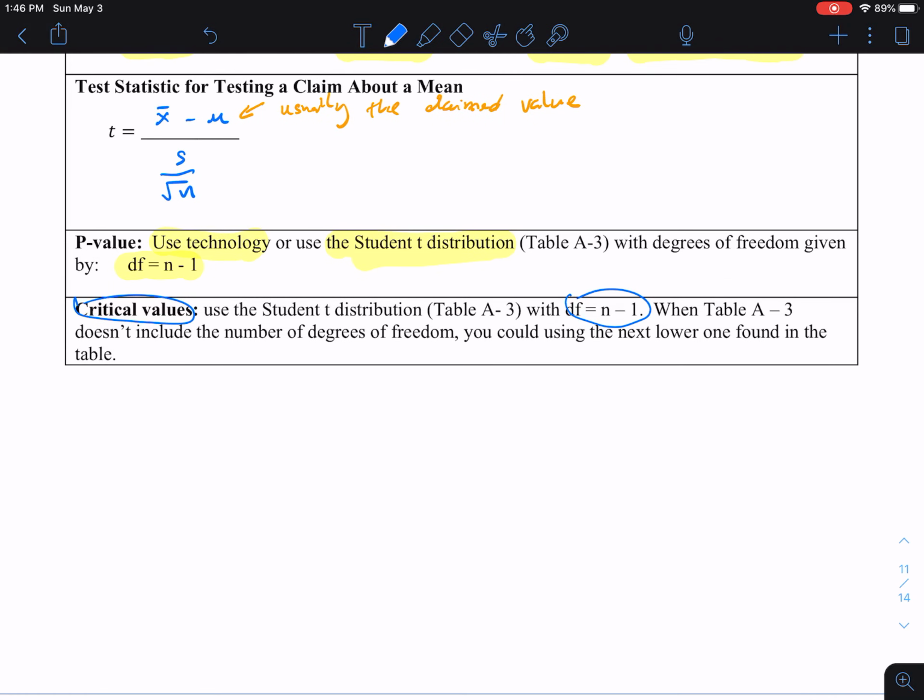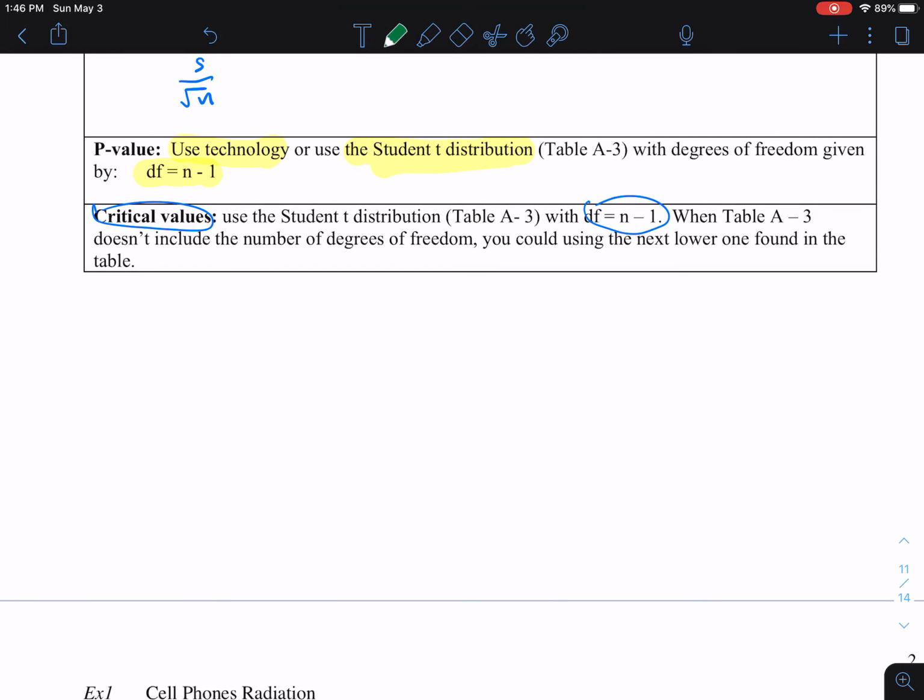As far as writing the conclusion for hypothesis testing regarding a mean, we still have the same condition: there are one or two possible conclusions. Usually we start out by assuming that the null is true, meaning the mean is equal to some claim value.